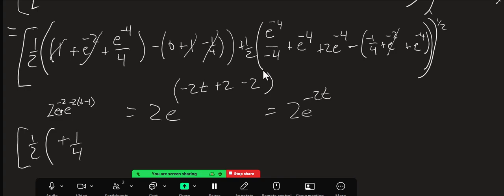I've got a plus e to the negative 4 over 4 and a minus e to the negative 4 over 4. And then I have plus 3e to the negative 4.